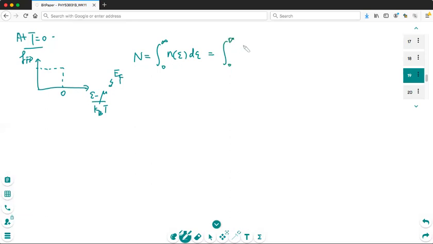This is a Fermi function, and then this g(ε)dε. This is general, but at t equals 0, I'm going to break this integral into two: integration from 0 to the Fermi energy, and then from the Fermi energy to infinity.